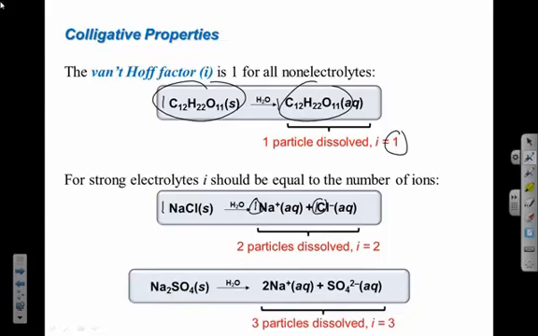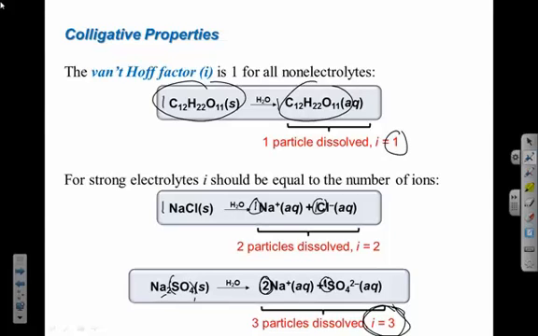When I balance the equation that shows the dissolving of the ions, if I get different coefficients, I add those coefficients together. That gives me the Van't Hoff factor. Right? Because I had 2 sodiums, I get 2 of those. Because I have 1 SO4 here, I get 1 of those, and so 2 plus 1 gives me a total of 3.